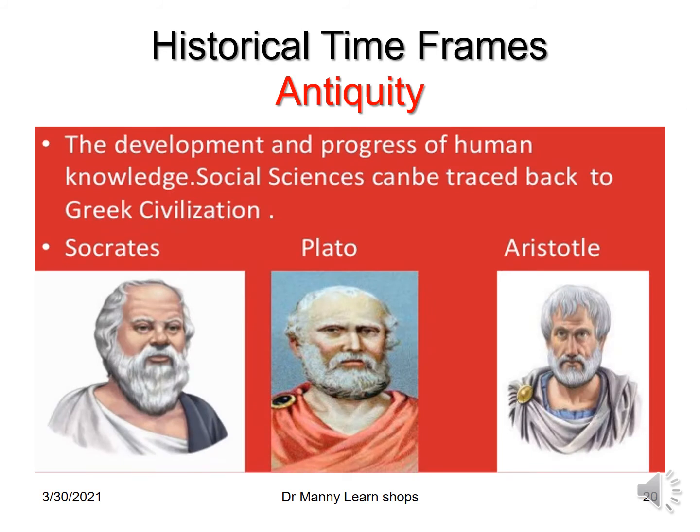Let's review some of the historical timeframes. We look at Antiquity. Throughout Antiquity, we had the development and progress of human knowledge. Social sciences can be traced back right to the Greek civilization in the times of Socrates, Plato, and Aristotle.